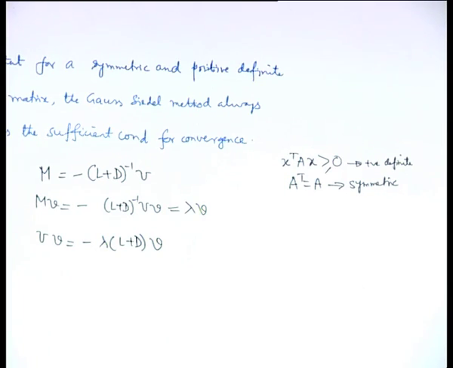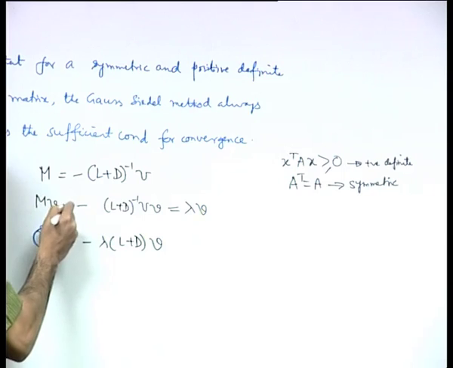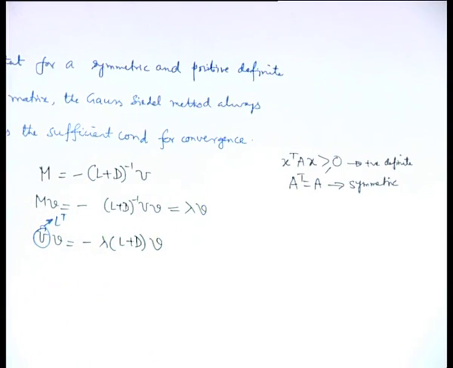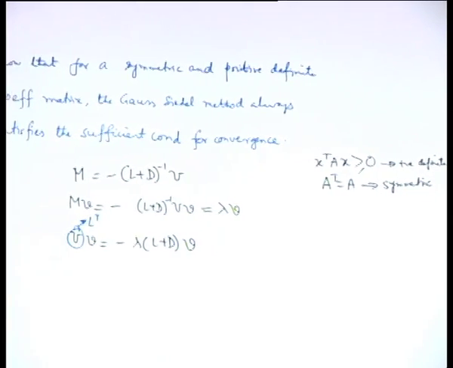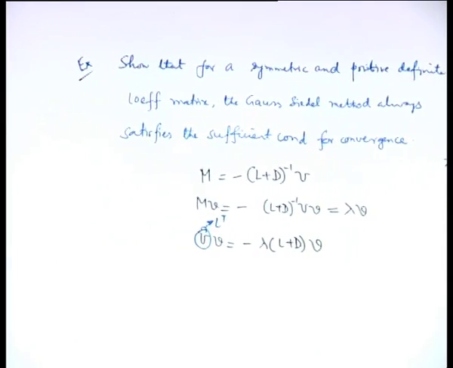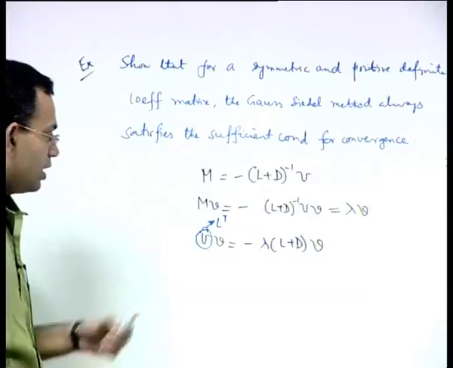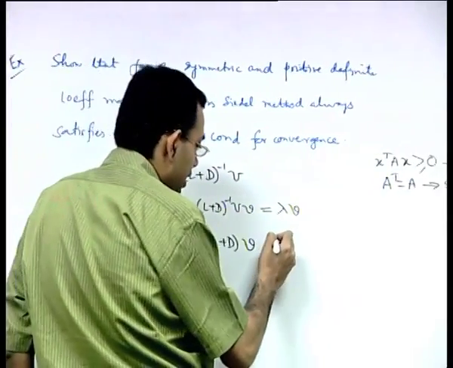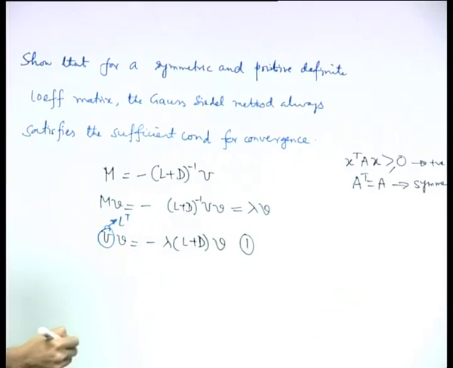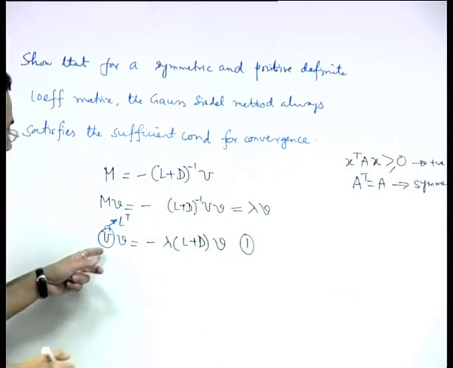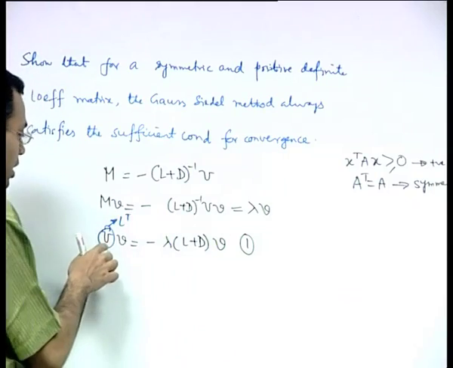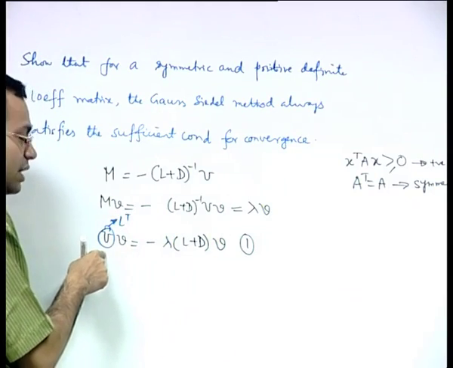Because it is a symmetric matrix, U is nothing but L transpose. Because A is symmetric, it is symmetric with respect to the diagonal. So U and L are related by U equal to L transpose. This is one thing that we will keep in mind, let us call it equation number 1. Also UV equal to this one. Now you can write it in terms of AV.